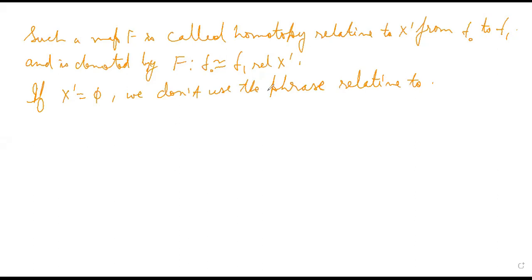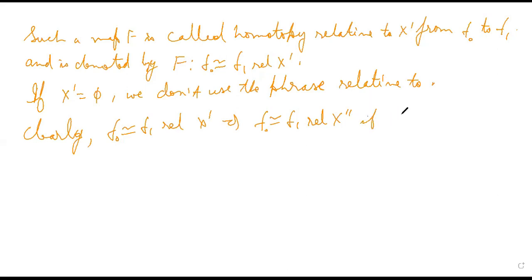Clearly, f0 is homotopic to f1 relative to X prime implies f0 is homotopic to f1 relative to X double prime, if X double prime is a subset of X prime.